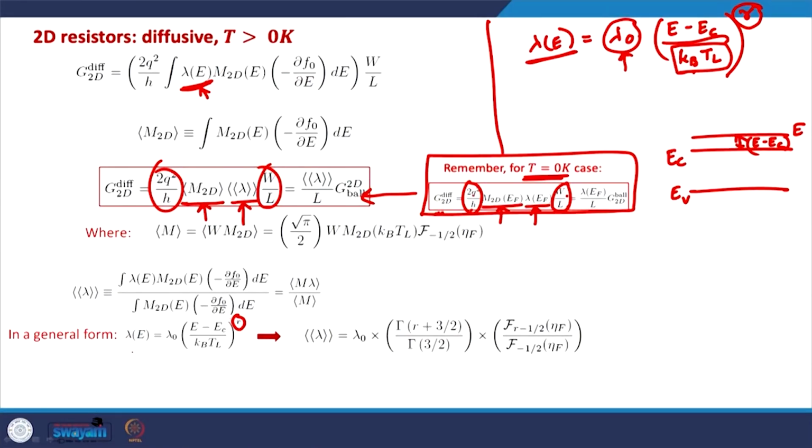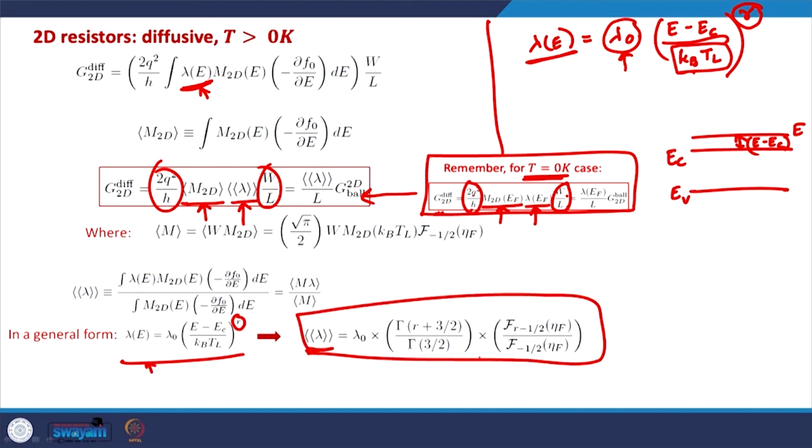Generally, using this formula for lambda E, the average of lambda is given by this expression. This is a detailed calculation, and we are not going into the details, but this is how it would look, and you can try to see where it comes from.